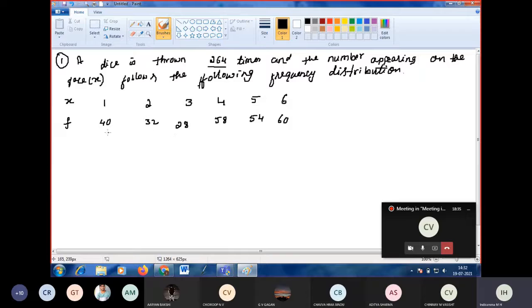If you add all the frequencies, it should be equal to 264.